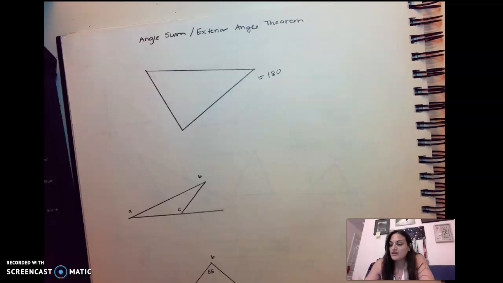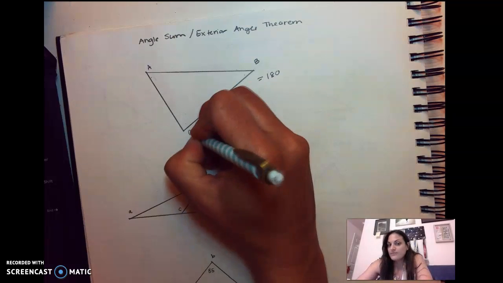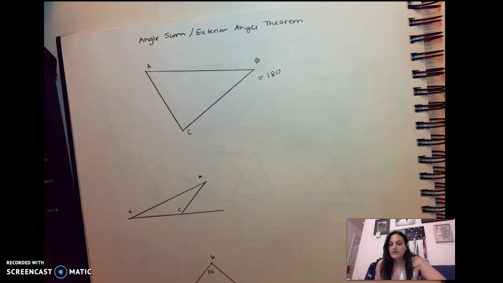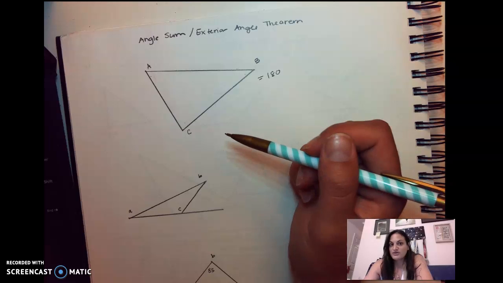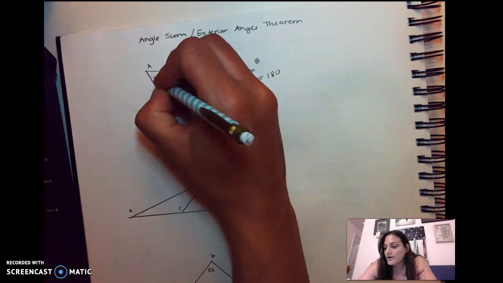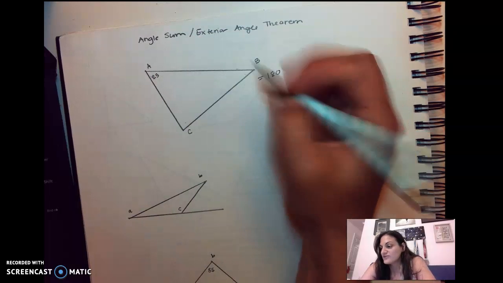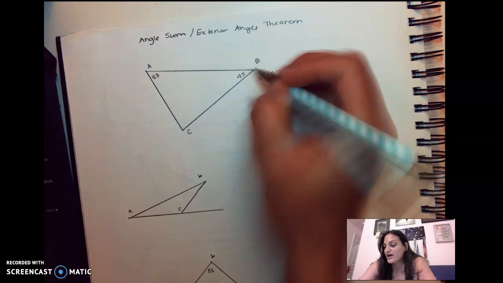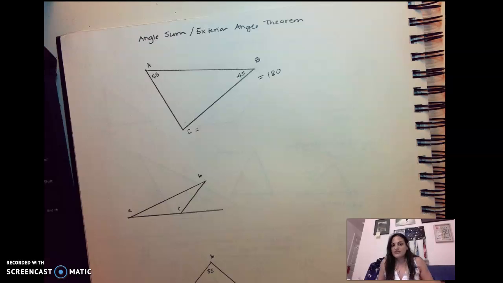Okay? So again, if I have angles A, B, and C, and I know that just because of the markings, this is obviously a scalene triangle because none of these angles or sides are equal. So let's make this guy 23, and let's make this guy 45, and we're trying to now look for C. How are we going to find that?